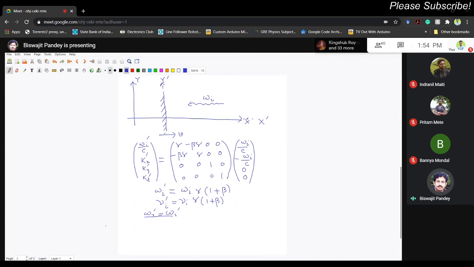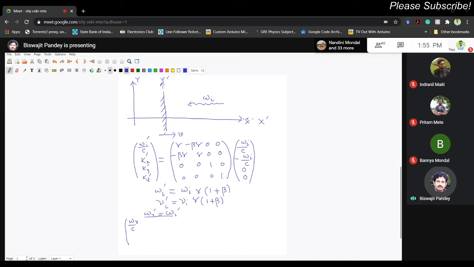So if you want to calculate this same quantity in the lab frame, I have to apply another transformation. So let us write down that. This one is for reflected light; the previous one was for incident light. So for the reflected light, what are the components? Omega r by c.